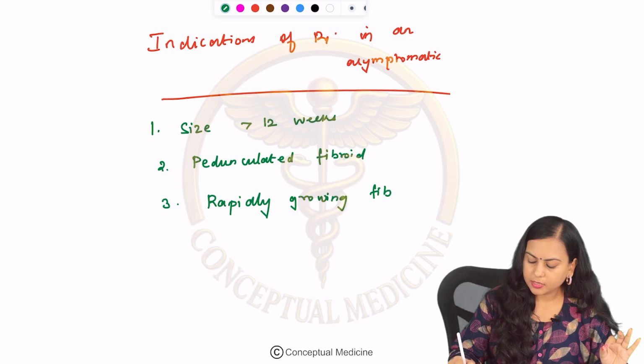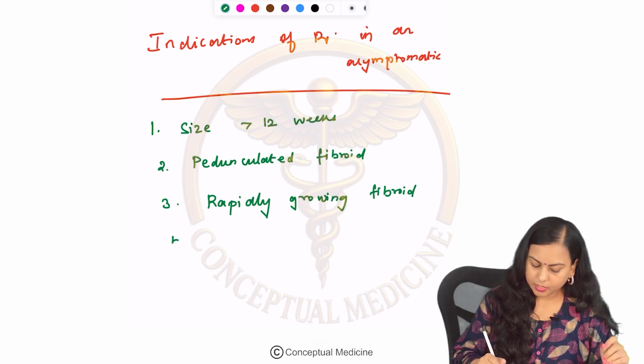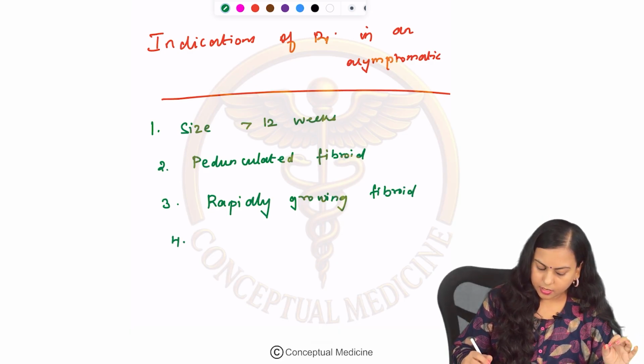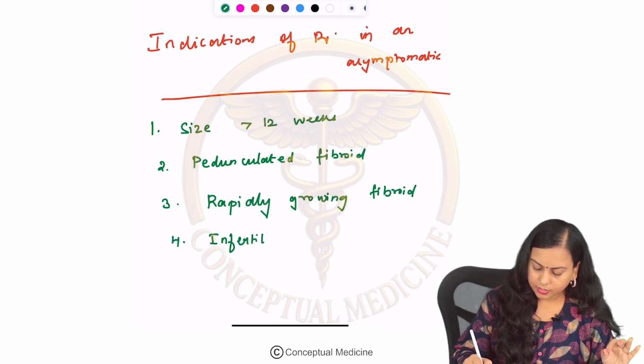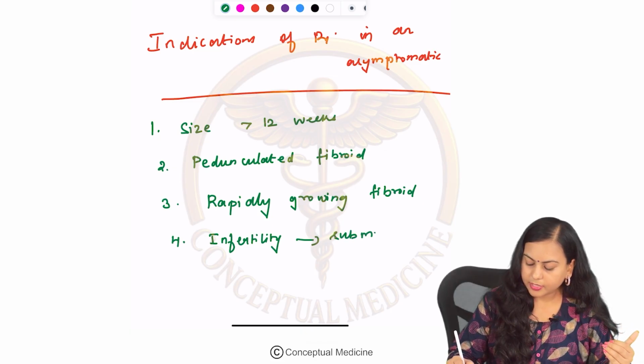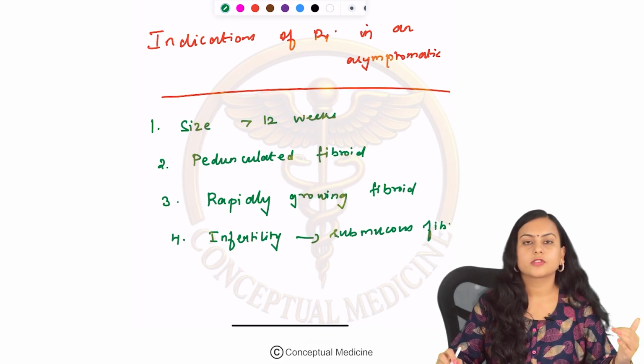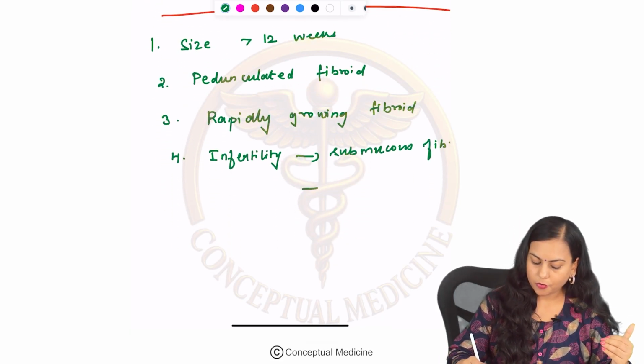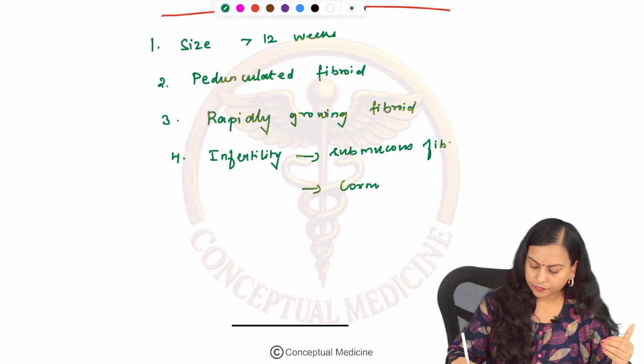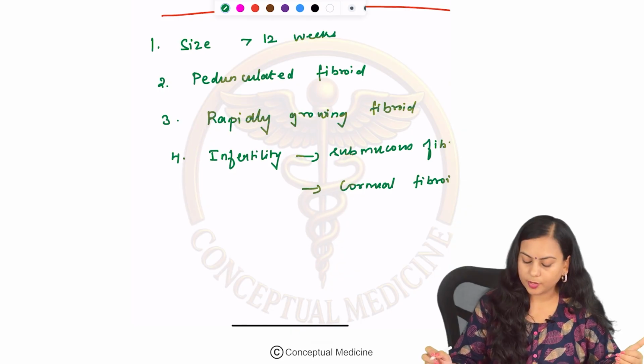So, you suspect malignancy. Then when the patient presents with infertility, for example, if it is a submucous fibroid which will cause recurrent pregnancy loss, or it can be a cornual fibroid also that can cause tubal block.